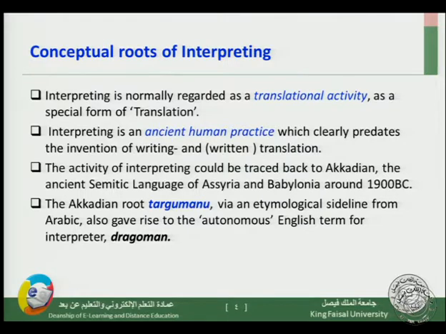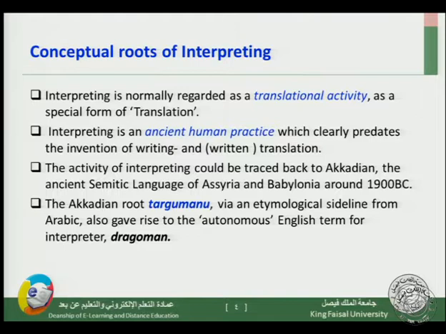Here, they say Akkadian, an ancient Semitic language of Assyria and Babylonia around 1900 BC. Now, whether this is true or not, it's not really that important, to be honest. What is important is that interpreting started a long time ago, probably 1900 before Christ, I mean BC.